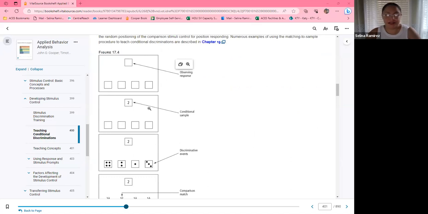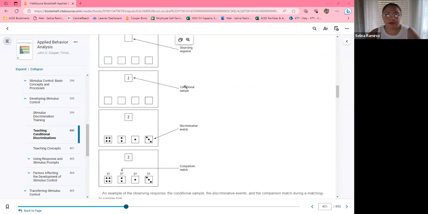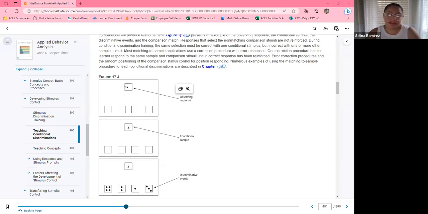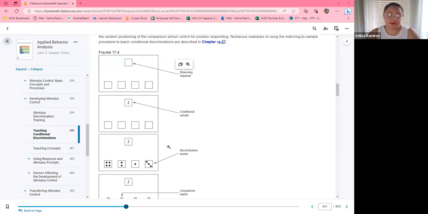Okay, so let's look at this situation here. This is what they're presenting. Basically, this is your SD, and in this situation, it's number 2. So that's going to be your conditional sample.